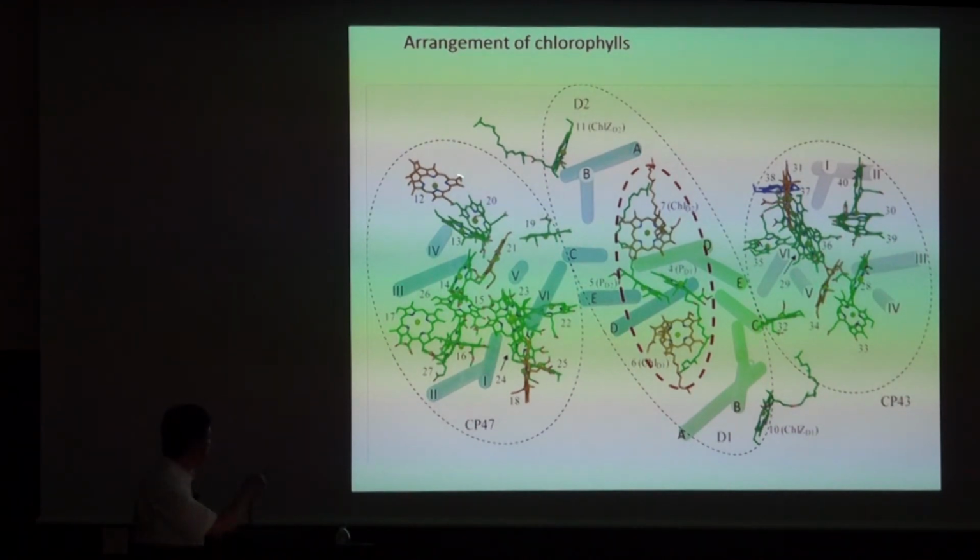We call these antenna chromophores, just like an antenna in television. They function to absorb light energy, transfer it to the center chromophores, and help electron transfer more efficiently.